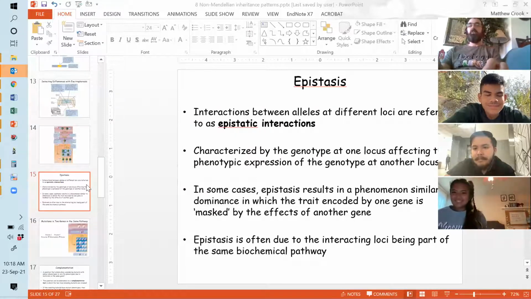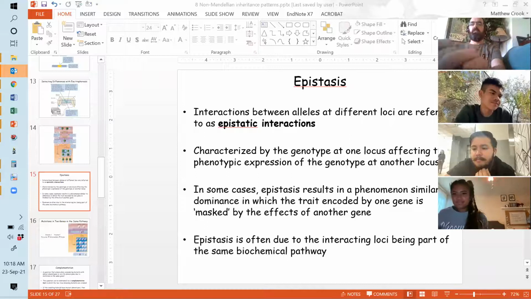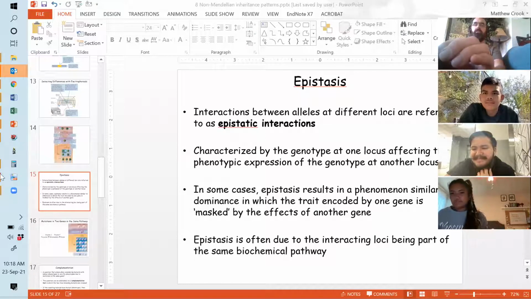Anyway, so the genotype of one gene will mask the genotype of another.